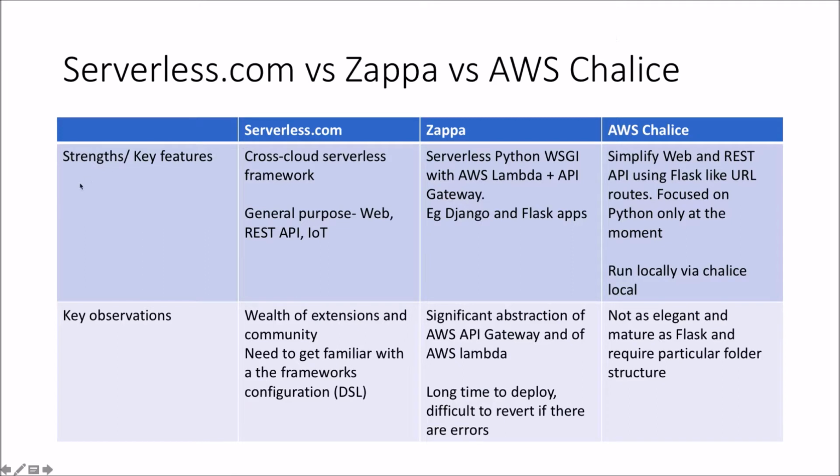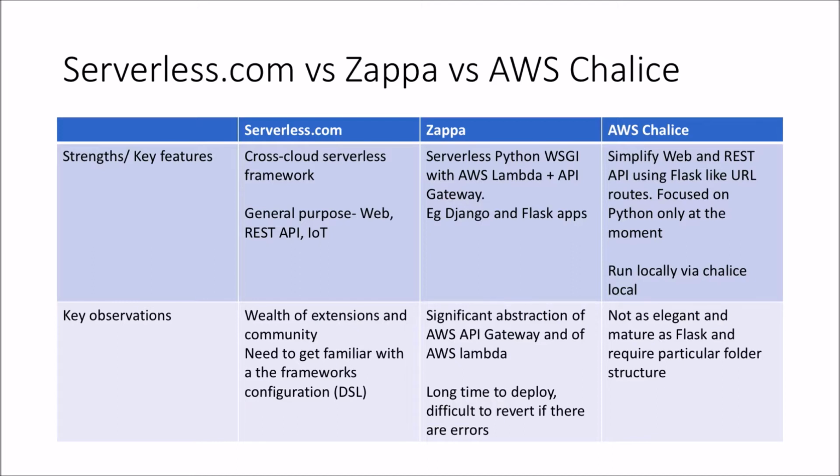So for starters, let's take a look at some of the key strengths or key features of each of these frameworks. Starting off with serverless, I guess they're probably one of the most popular frameworks out there. One of the major strengths is the fact that they tend to be platform neutral or cloud neutral, in a manner of speaking. So they work with AWS, they work with Google Cloud, Microsoft Azure, and many others.